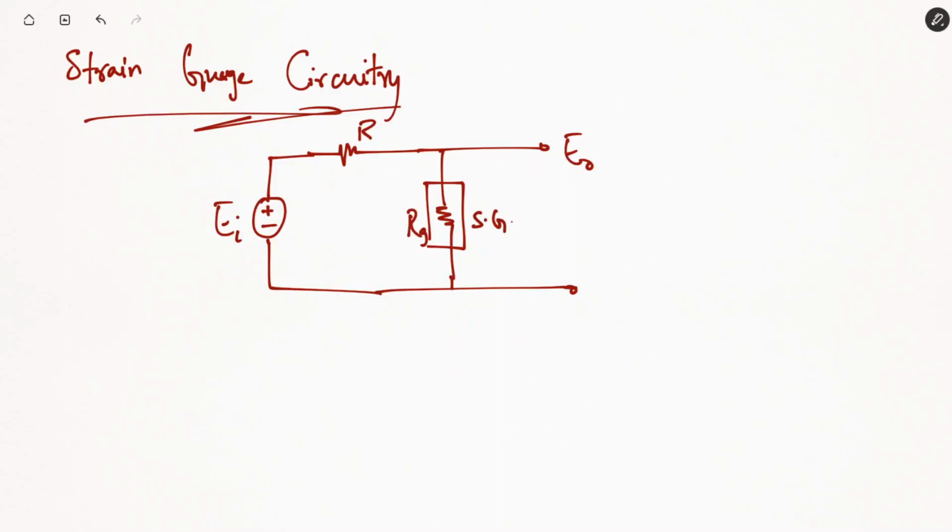Here Rg represents the strain gauge. R is an external resistance, or we can say the internal resistance of the external EMF source, and E naught is the output measured voltage. So this is a ballast circuit.